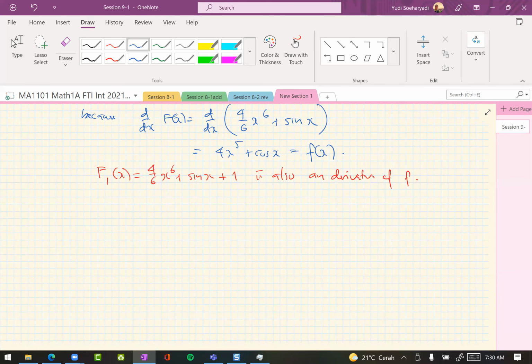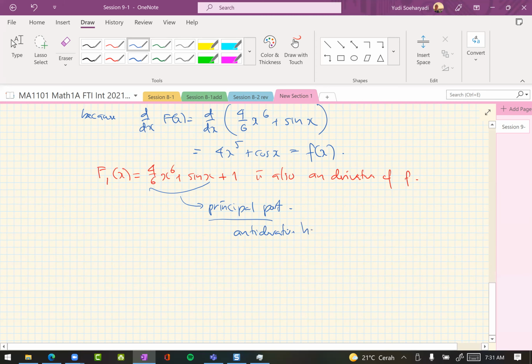So this part, I would call a principal part. They differ in just a constant. So antiderivatives have equal principal part.